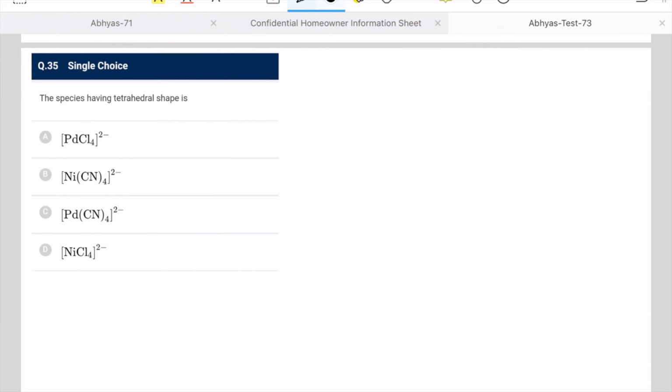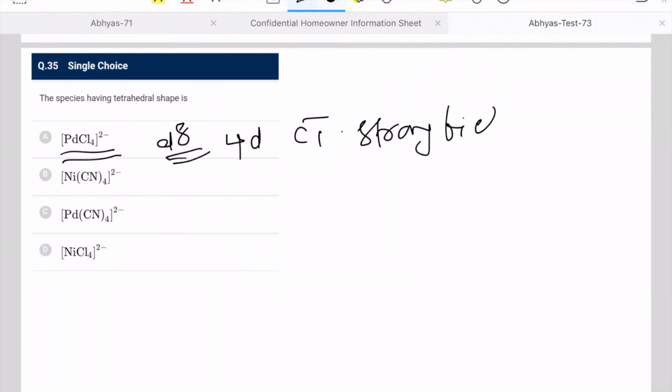Palladium is also a d8 system, but since it is 4d, Cl minus will act as a strong field ligand, and dsp2 hybridization takes place.